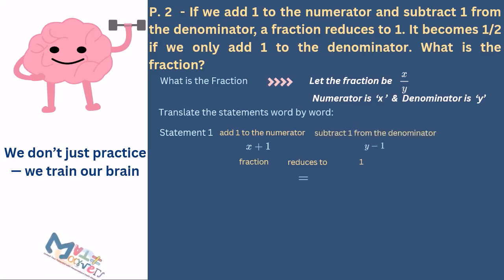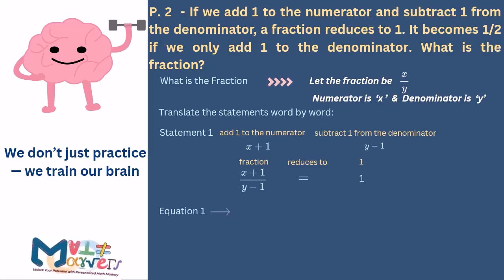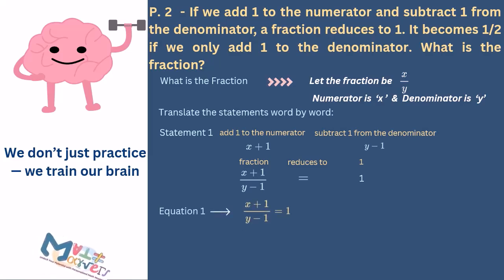Subtract 1 from the denominator means y minus 1. So the fraction is x plus 1 over y minus 1. On the RHS, it's simply the number 1. So the equation is x plus 1 divided by y minus 1 equals 1.